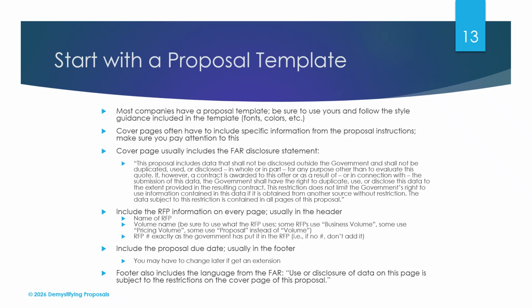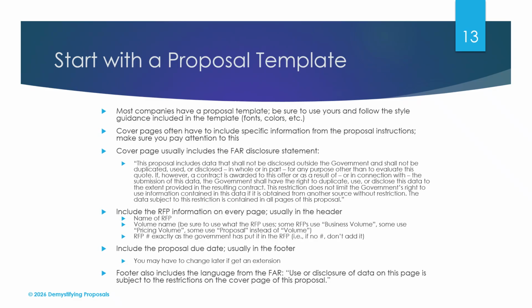Your cover pages often include specific information from the proposal instructions as well, so make sure you pay attention to this. The cover page also usually includes the FAR disclosure statement listed below. Include the RFP information on every page, usually in the header. That's the name of the RFP, the volume name, and be sure to use whatever the RFP uses.